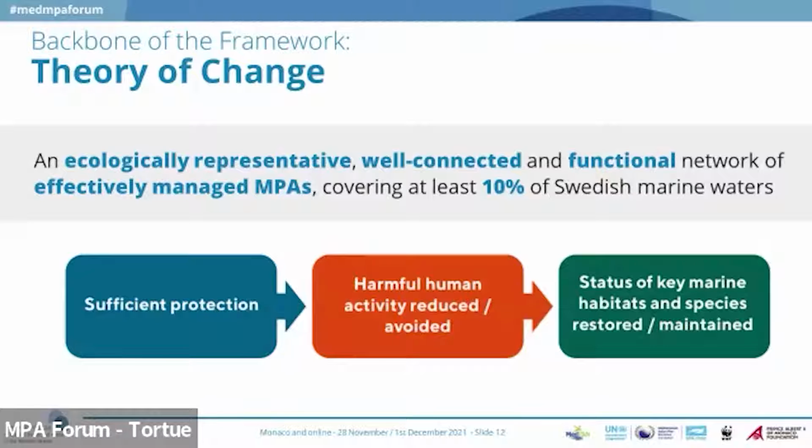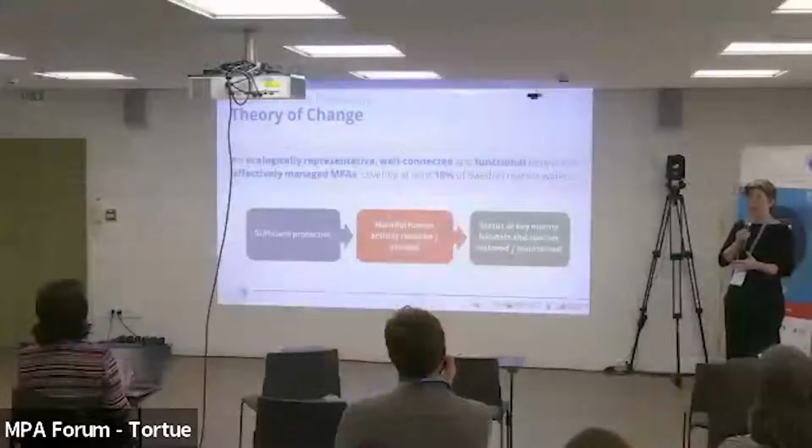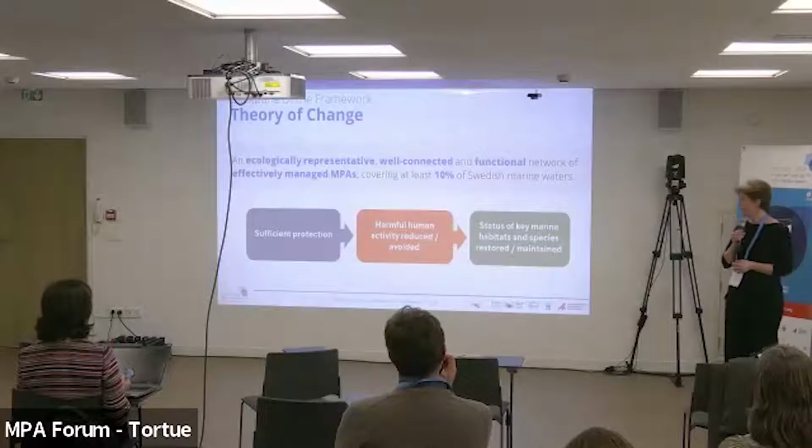And in its simplest form, the theory of change of a marine protected area network is pretty simple. If you have sufficient protection, meaning to say, if you protect enough of the right stuff in the right places in a stringent enough way, then ideally the impact of harmful actions is reduced or even avoided.